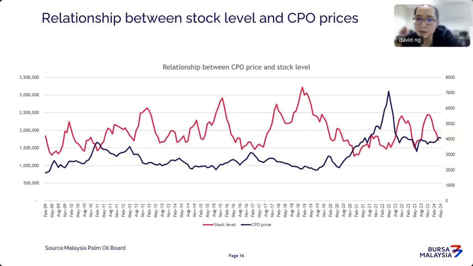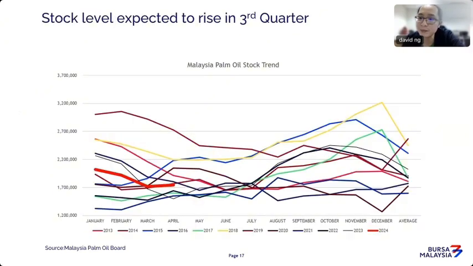You can clearly see that every time stock levels start to decrease, especially during the all-time high prices in CPO in the late part of 2021, stock levels went to about 1.2 or 1.3 million tons, which is very critical. And you can see clearly that time we hit an all-time high for CPO prices. So when stock levels are elevated, it's definitely going to put a lot of negative pressure on prices.